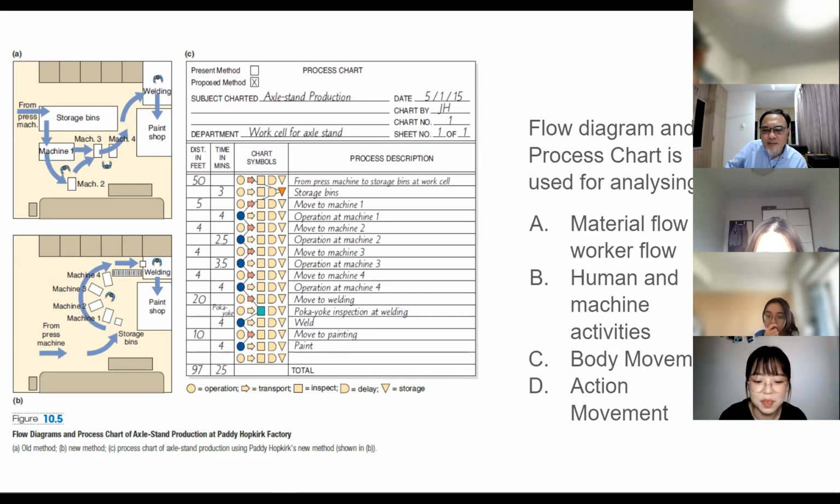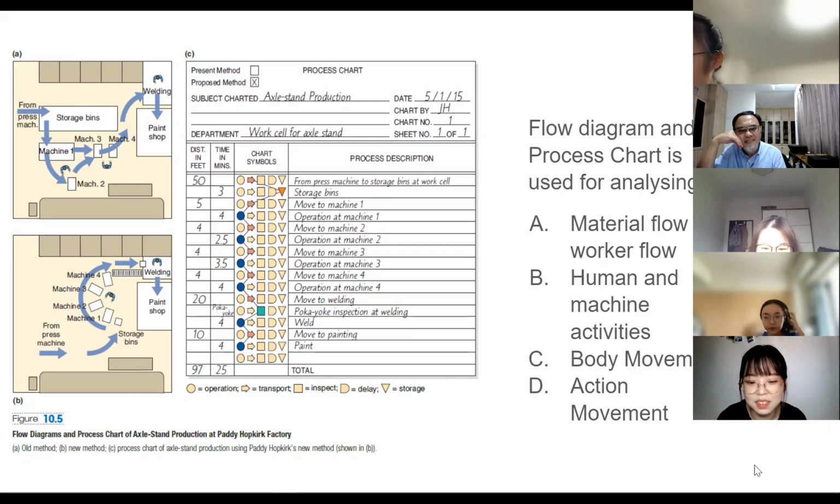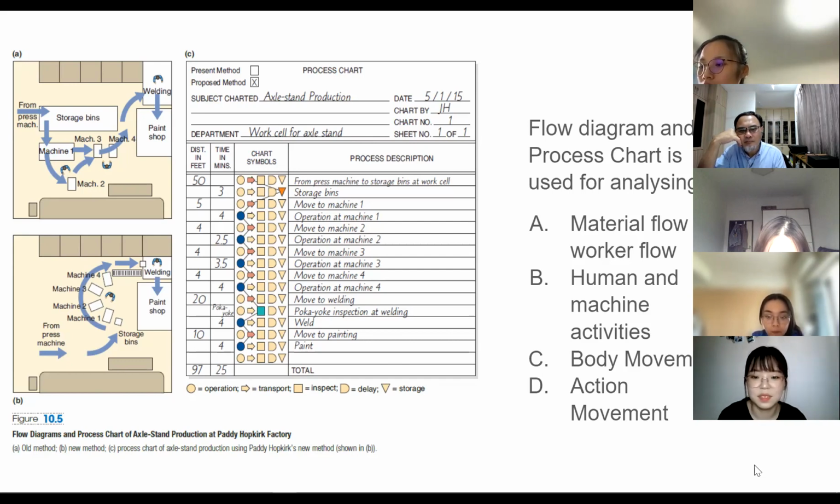Two more, please key in your answer. One more. Because there are five of you, I only have four responses.